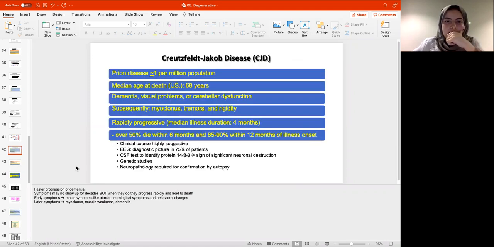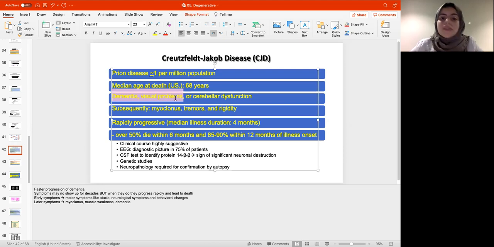Okay. Now Creutzfeldt-Jakob disease. So usually it's 1 per million population. Median age at death is 68 years, so it happens more in elderly. Remember, the presentation is dementia, because it's one of the dementias. It picks prion disease under the dementia disorders. So it causes dementia, visual problems, and cerebellar dysfunction.